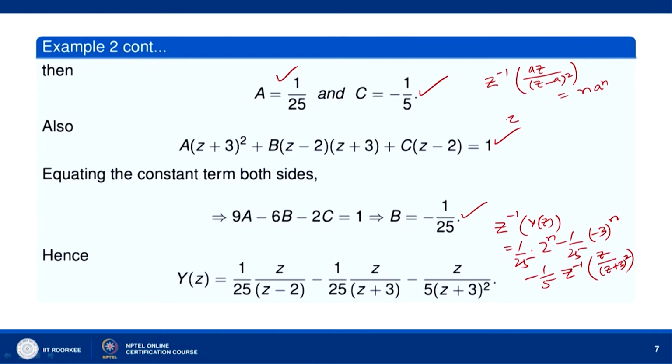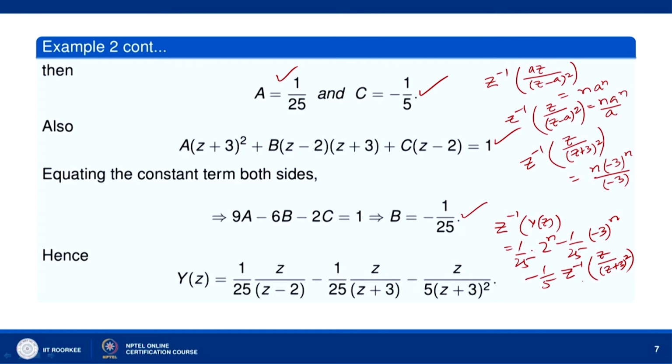So z inverse of z over z minus a whole square you can write as n a to the power n divided by a. So if you take a equal to minus 3, what we will get? Z inverse of z over z plus 3 whole square will give us n times minus 3 to the power n divided by minus 3.